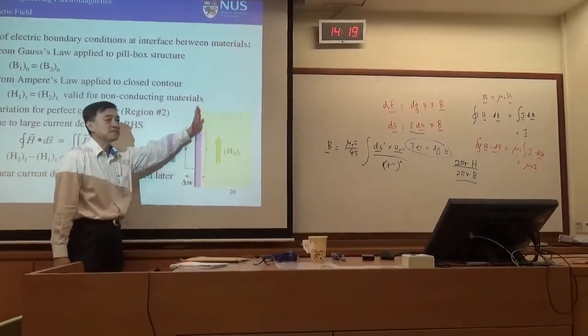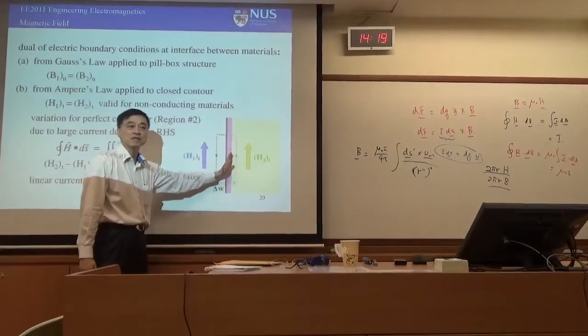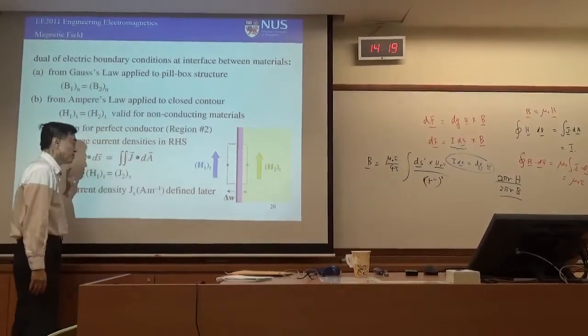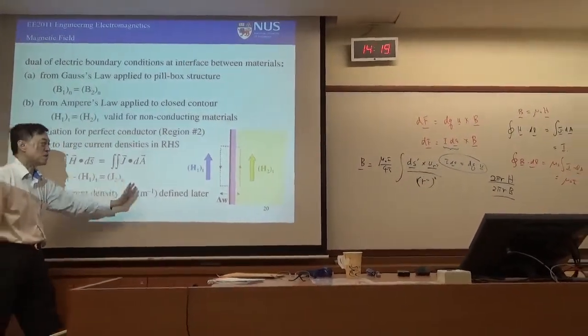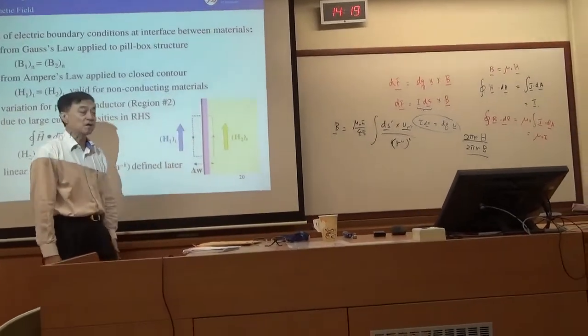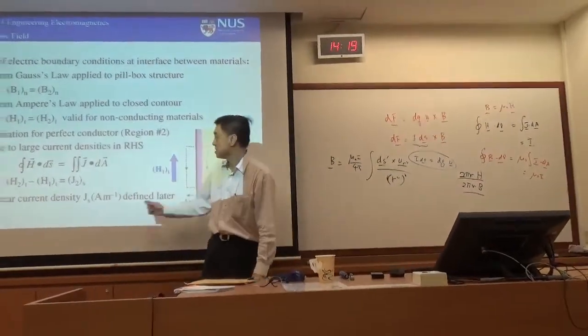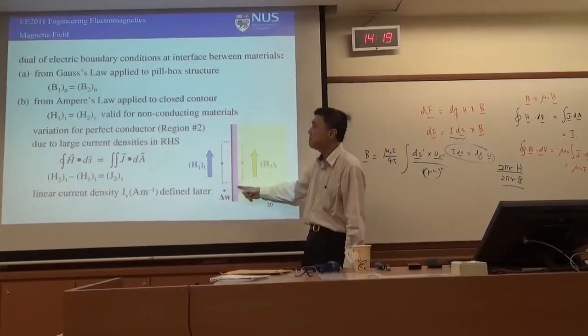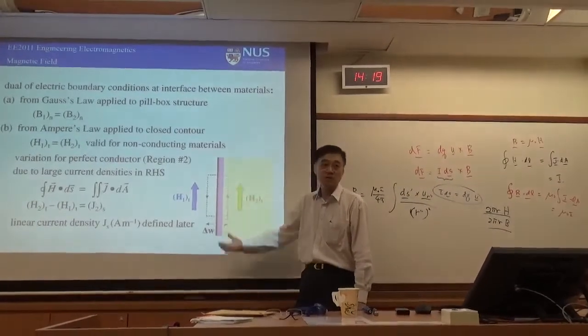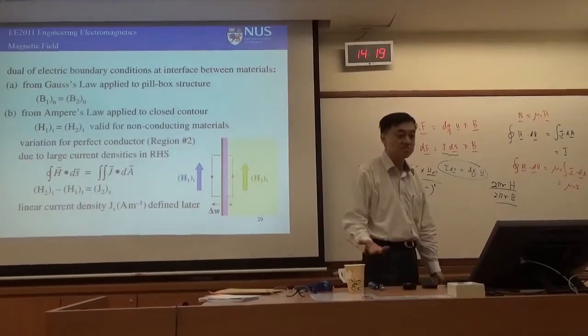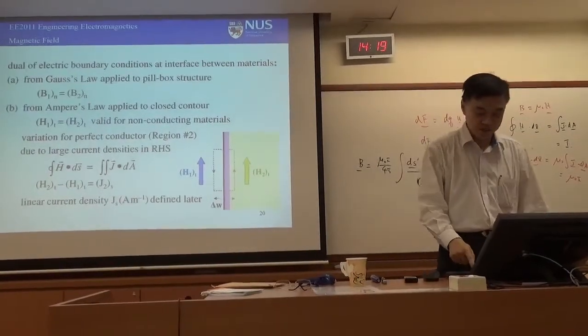However, if this is a conductor where there's a current flow, then Ht1 minus Ht2 must be equal to the current that's flowing. Because basically this is Ampere's law. If we integrate around and there's current, then it must be equal to the current. Otherwise, Ht1 is just equal to Ht2.